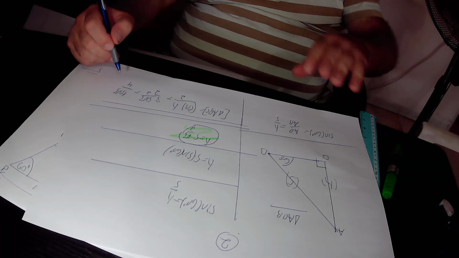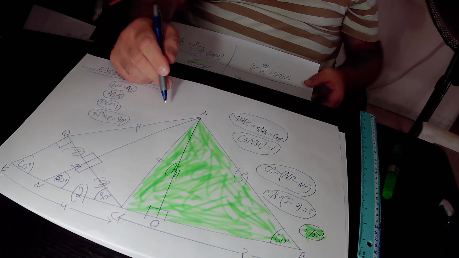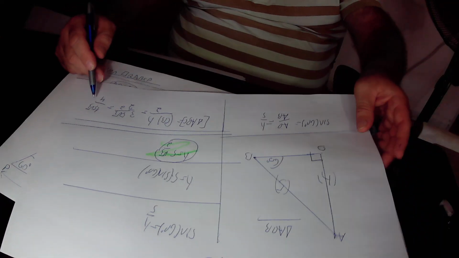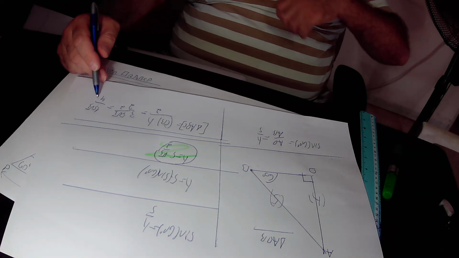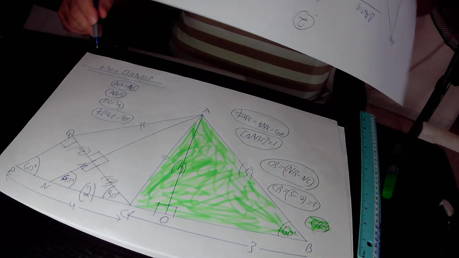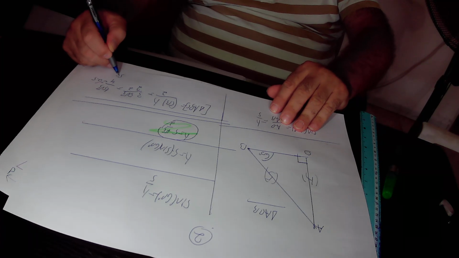So the area of this triangle ABC, the area that we are looking for in this question, equals 15 times square root of 3 over 4 square units, or in terms of numbers, the area of this main triangle ABC is equal to 6.5 square units.